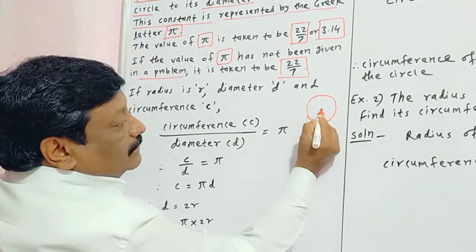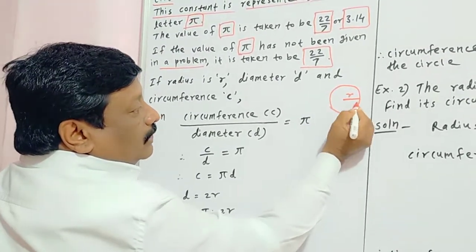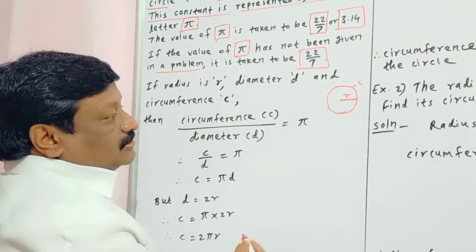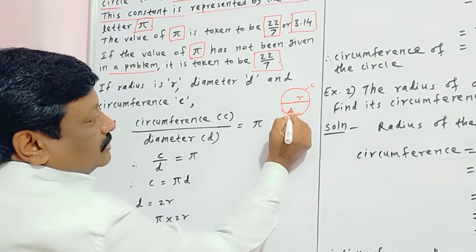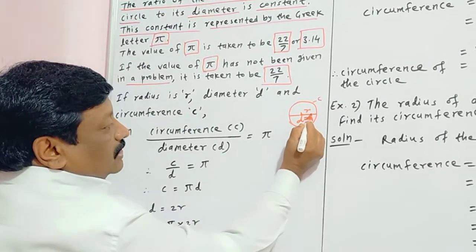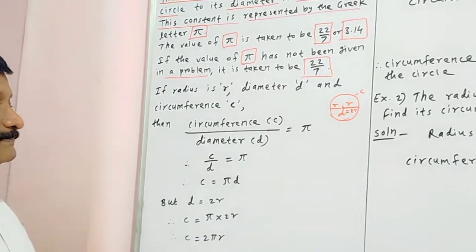So remember, I will show you here one circle. This is the center, this is called a radius, and this whole circular part is the circumference C. But if you draw this radius till here, then it becomes diameter D. Diameter D means R plus this R equal to 2R.